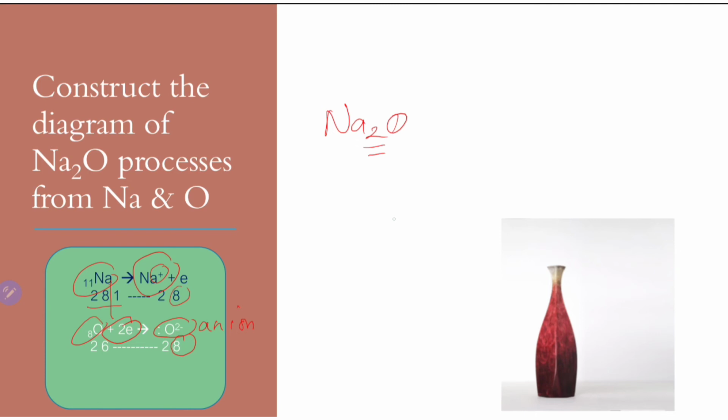So sodium becomes 8 now because it releases the 1 electron on the outer shell. This becomes Na+, and then the oxygen also becomes 8, with a charge of 2 minus, and there are 2 Na+, like this.